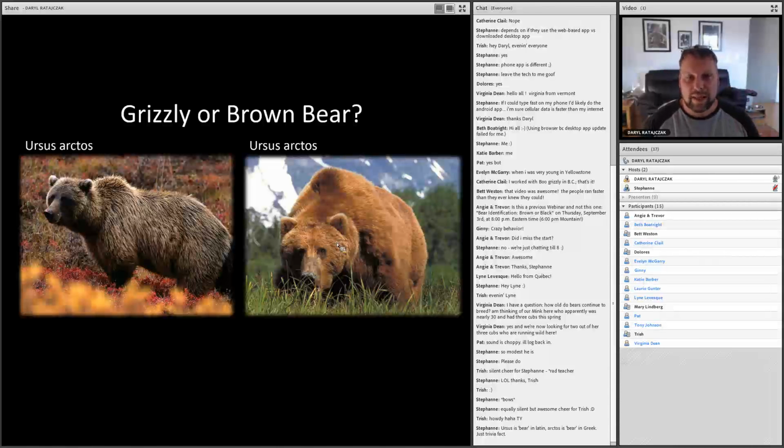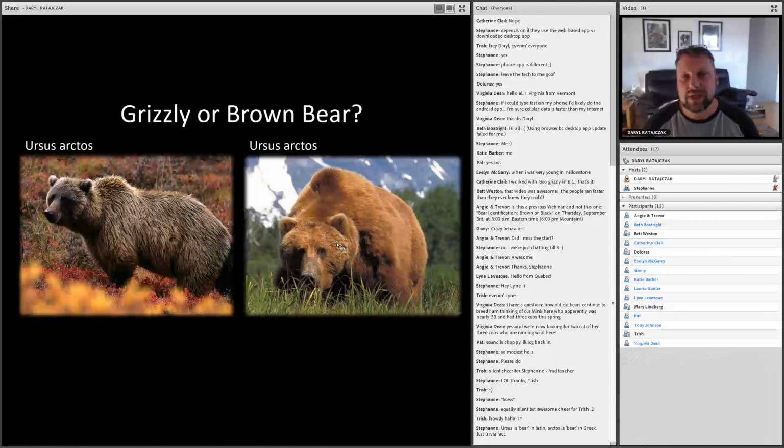Because what happens here is animals of the same species can sometimes appear very different. Just think of the human species, Homo sapiens. Someone who is maybe a native Alaskan looks different than someone from China or from Africa. Lots of variations.